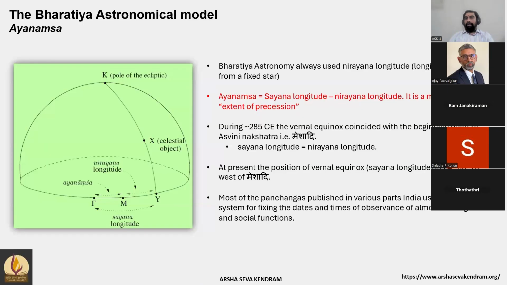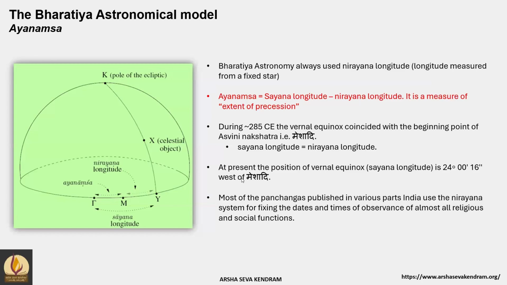Okay. So I don't know till what time I talk, but at present the position of the vernal equinox is 24 degrees. I think we saw this in the last class, where we took the example of Ugadi and showed that Ugadi was happening not at the beginning of Mesha, but actually 24 degrees to the west of the beginning of Mesha, somewhere in the Uttara Bhadrapada nakshatras, right?